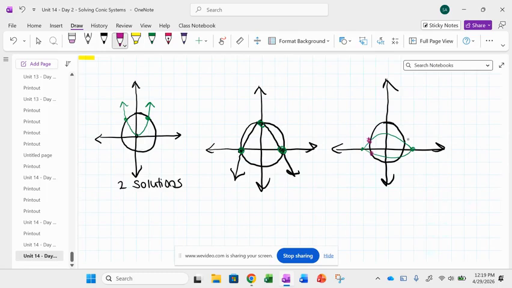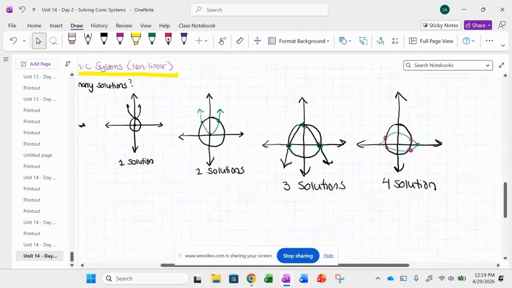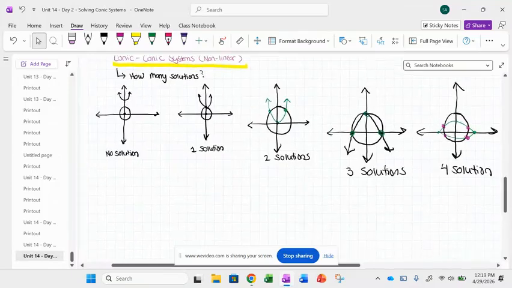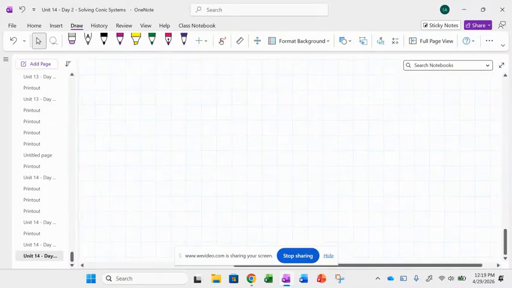Can we have four solutions? Can we do 5 solutions? I can't think of anything. So what does that mean? 4 or less. Exactly. So did Justin win? Justin won. Okay.